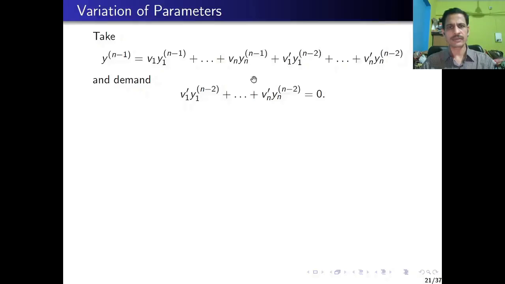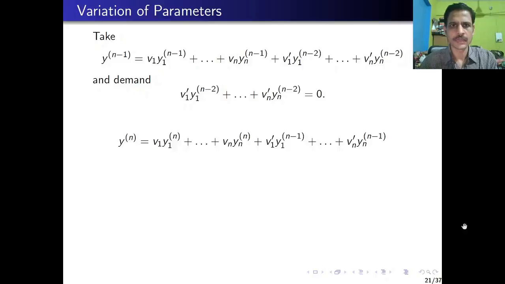Here again we demand the sum of all those terms which contain v1 prime, v2 prime and vn prime to be equal to 0 as before.